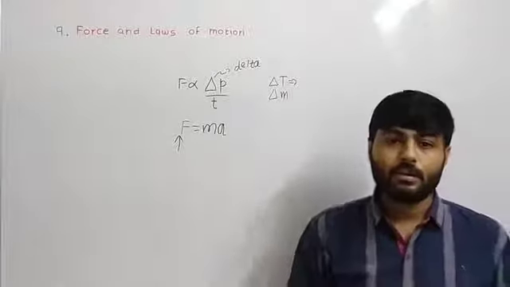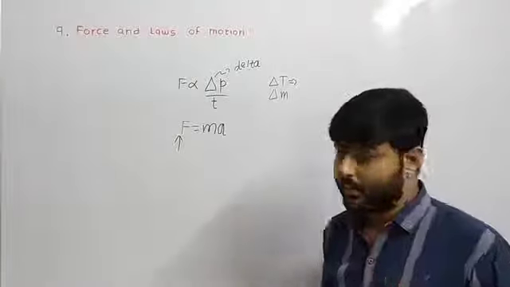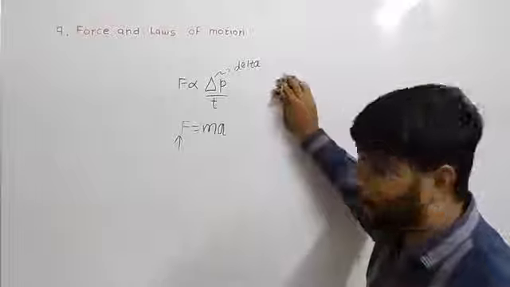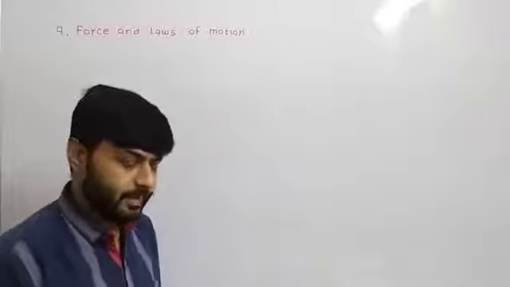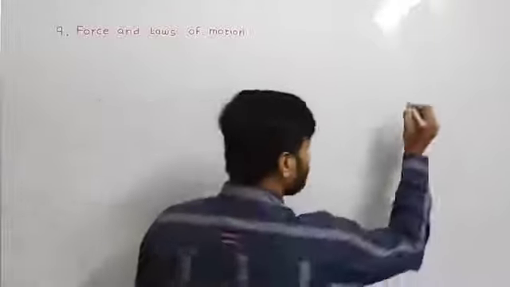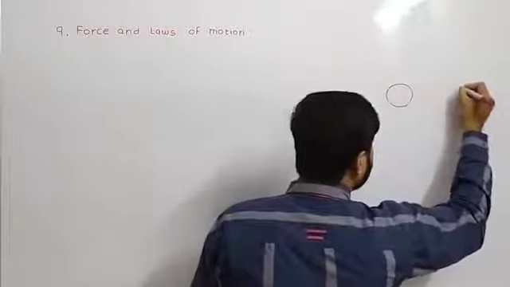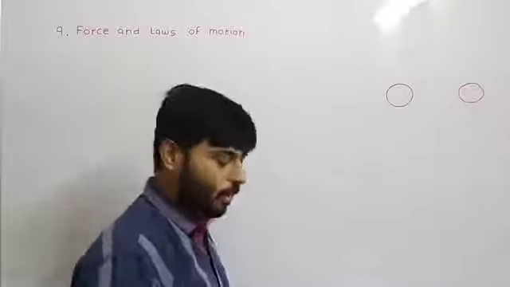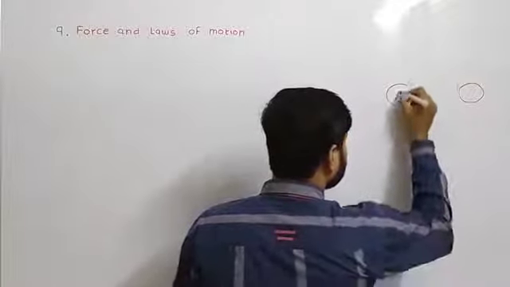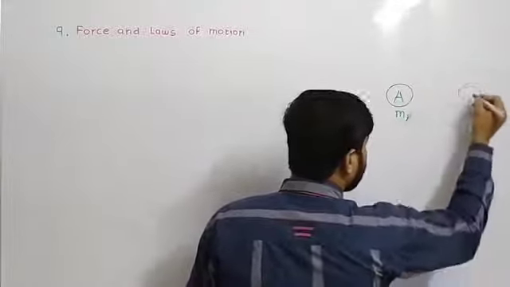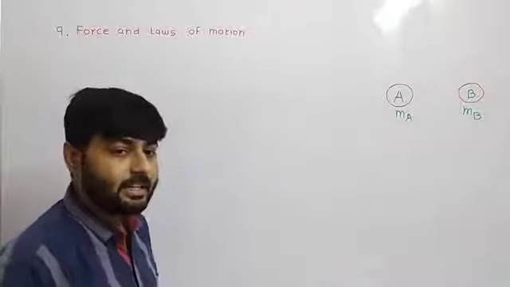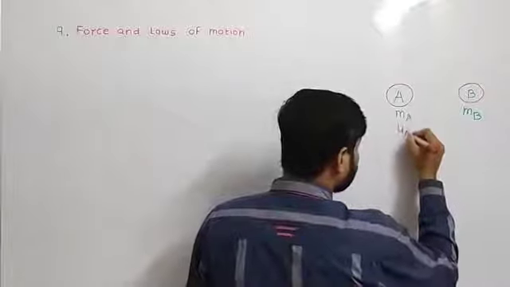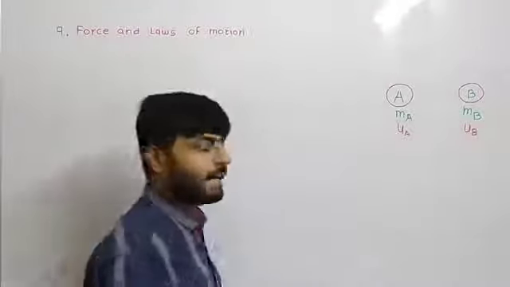After that we have the law of conservation, that is conservation of momentum. In conservation of momentum, we took one example. I said we have two balls, ball A and ball B. Ball A has mass ma, and ball B has mass mb, and they have initial velocities ua and ub.